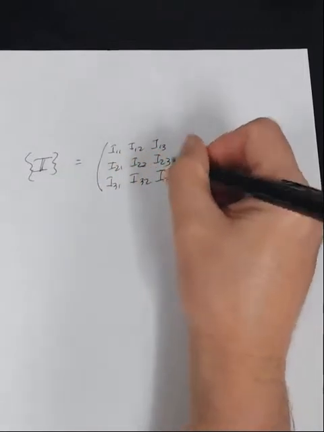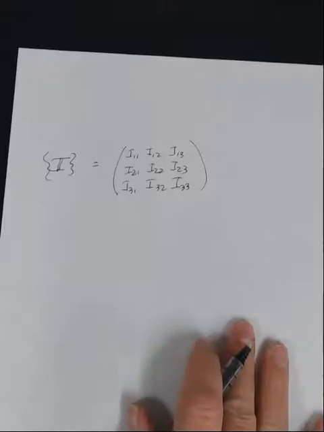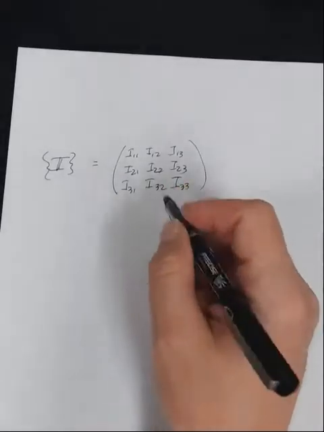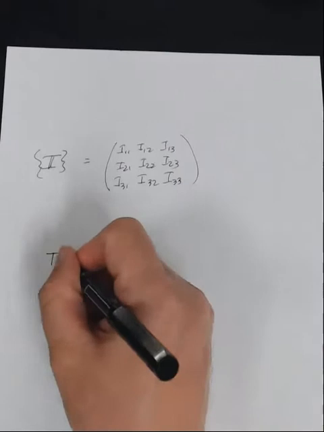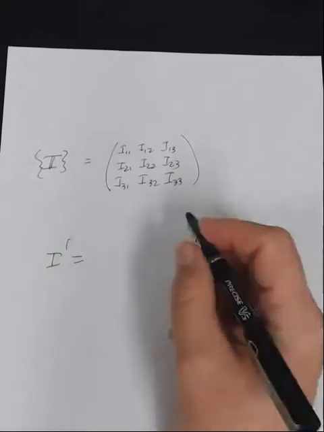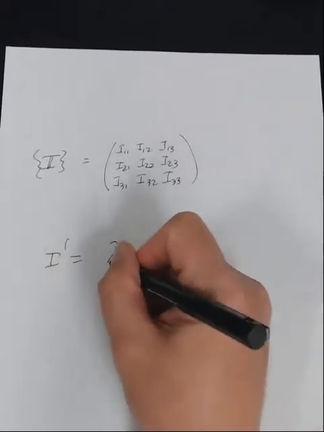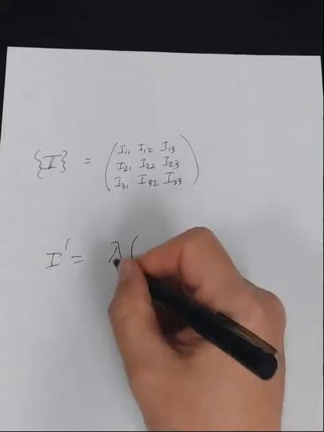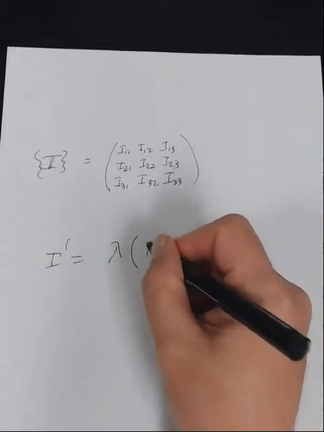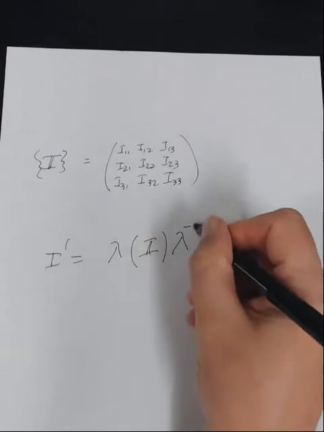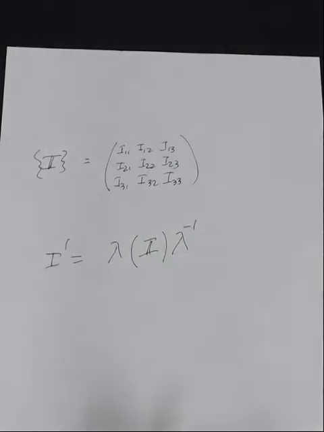So how do you do a transformation for this? It turns out these have to obey this. You would say I prime, your new one, would be your rotation acting on I, and then over here you take the inverse of the rotation.